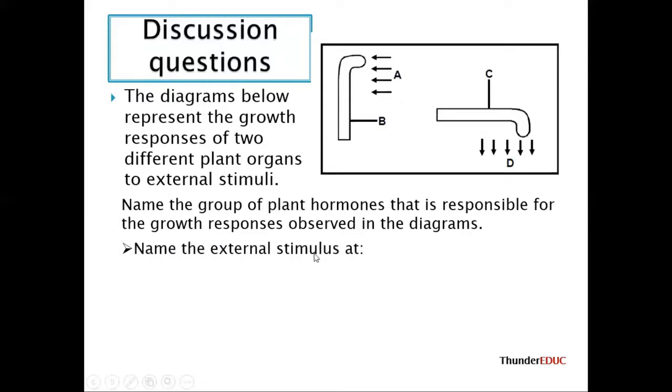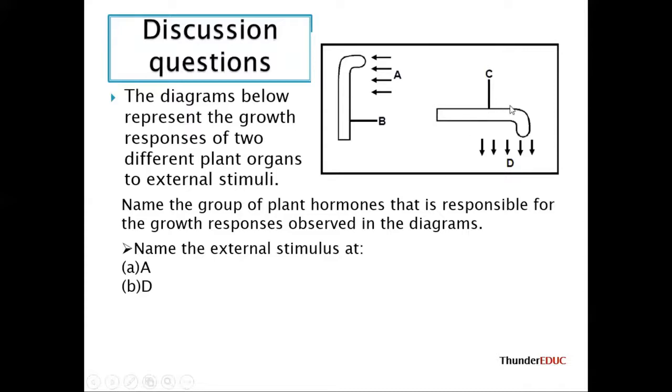Then, name the external stimulus. One is a stimulus, stimuli if there are many. At A, we say that the external stimulus is light. Why? The reason is that the plant is bending towards the source of the stimulus. So it means that it is light. And then D, it is gravity. Why?